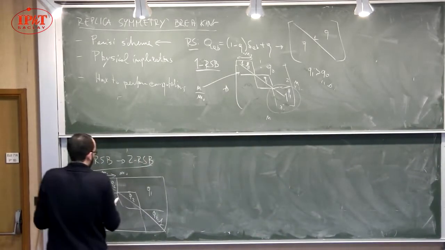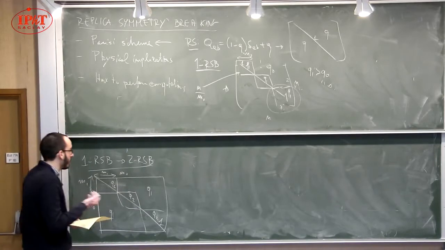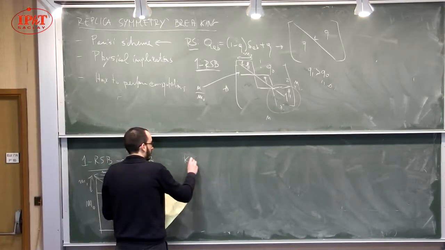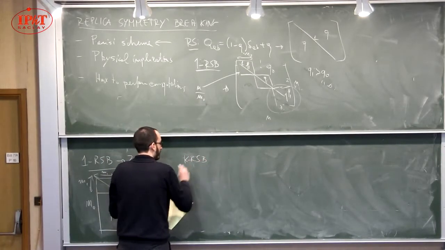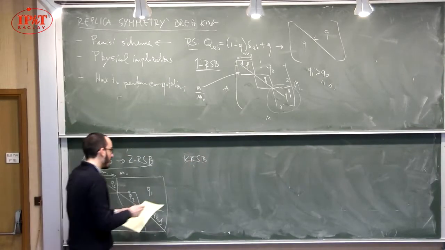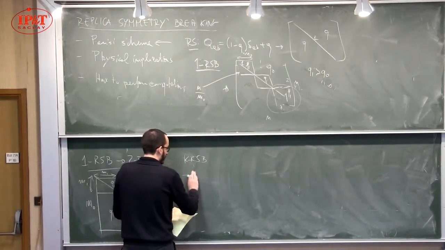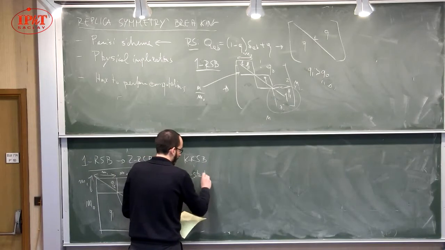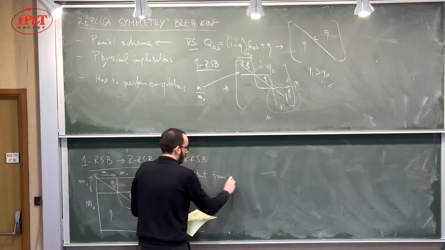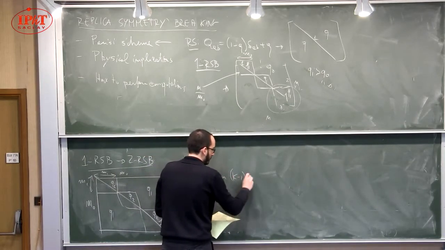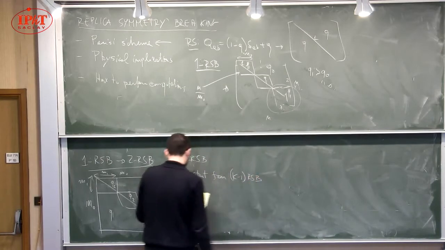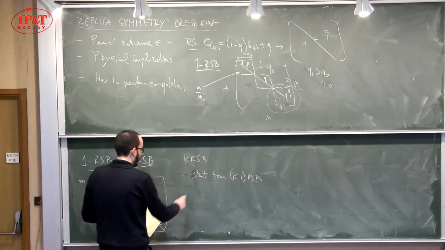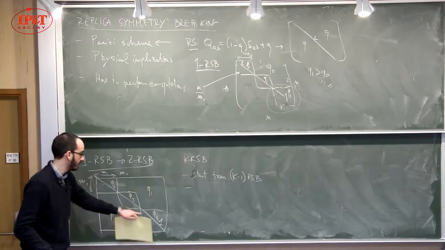So you see that this gives you an algorithm to construct in general the KRSB ansatz. The algorithm is that you start from the K minus 1 RSB. Then you take the innermost blocks, okay?